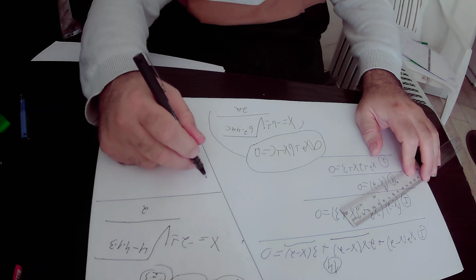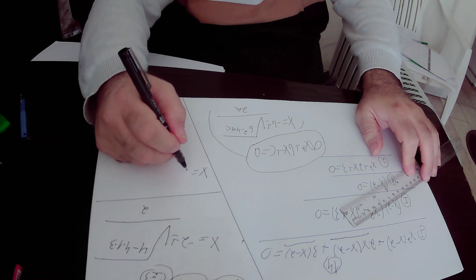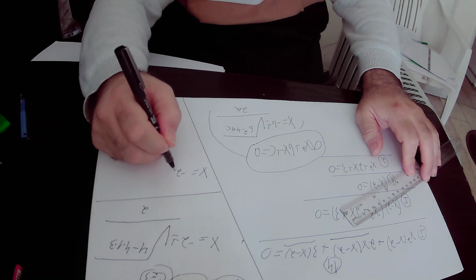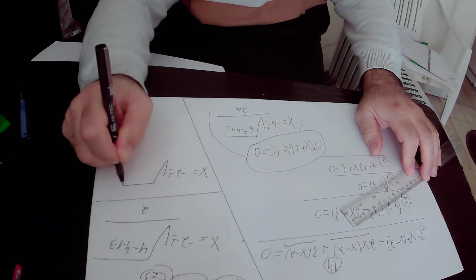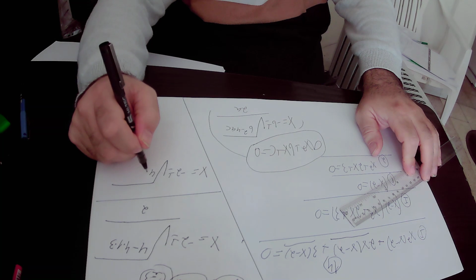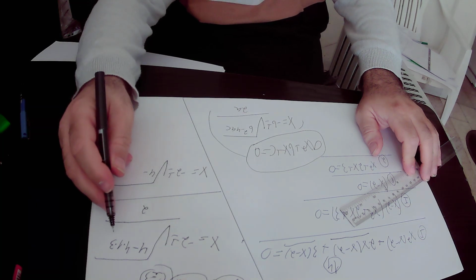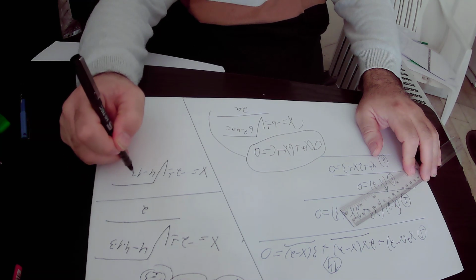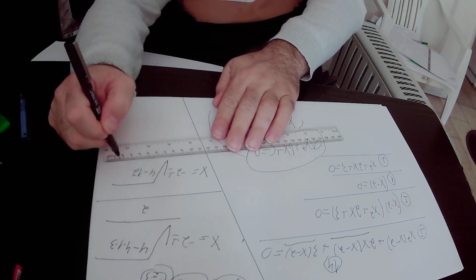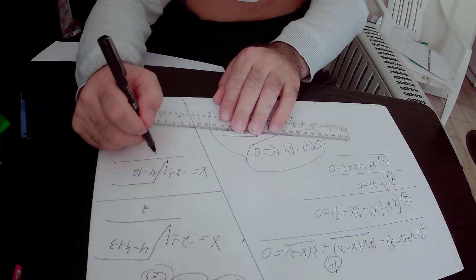So the value of x will be equal to minus 2 plus minus the square root of 4 minus 4 times 3 is 12, over 2.